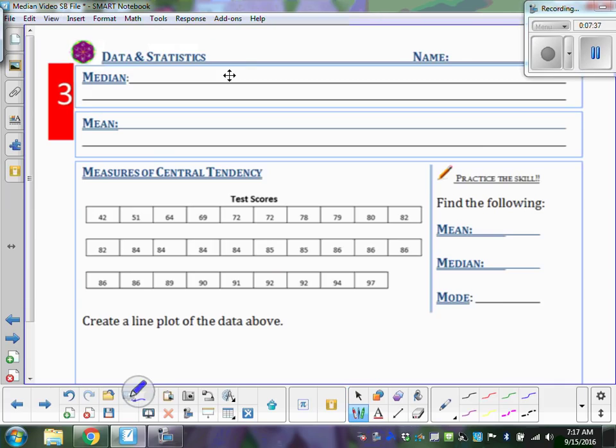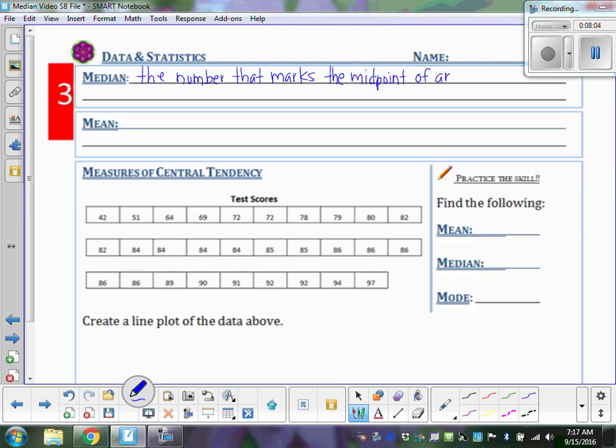And basically, the median is the number that marks the midpoint of an ordered set of data.